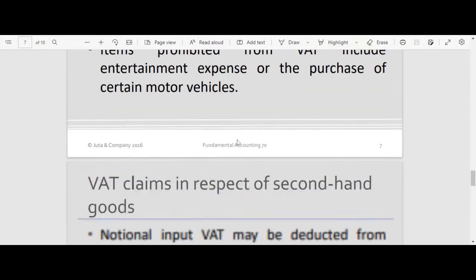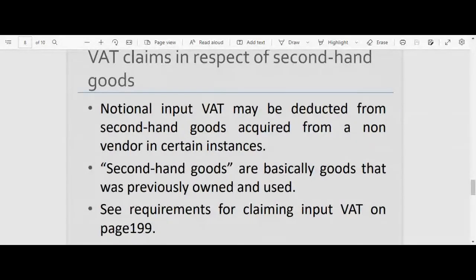So now let's go to the second-hand goods, ladies and gentlemen. When the Value Added Tax Act was written and published, before it came into effect, the second-hand dealers objected against the fact that they will never be allowed to claim input tax because they are buying second-hand.